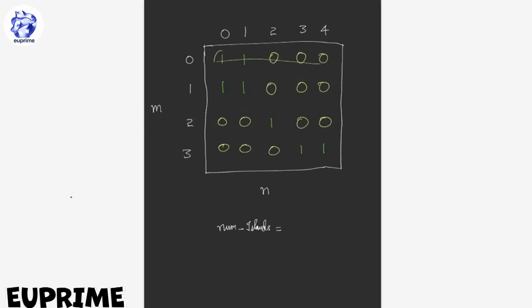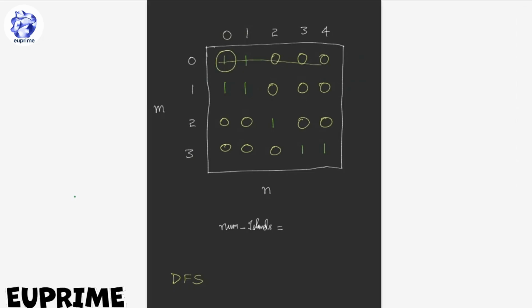If it is a 1, this is part of the island. Then you immediately do DFS, depth first search, right? This is the algorithm that we've been solving of late. So with depth first search, you look for immediate neighbors.